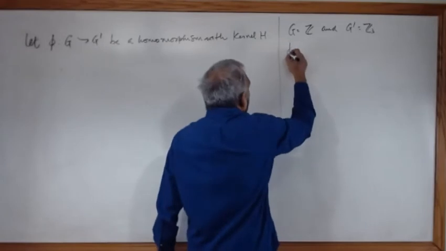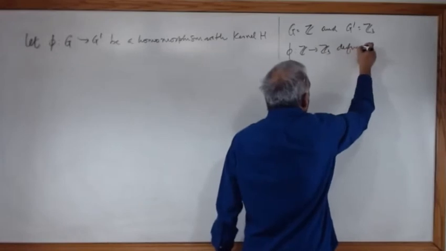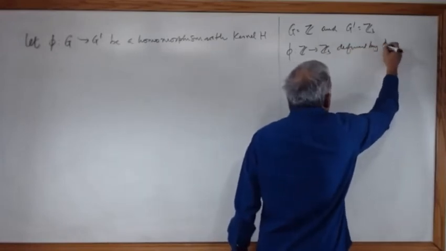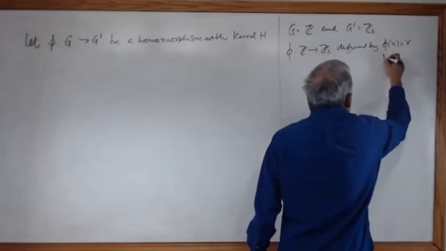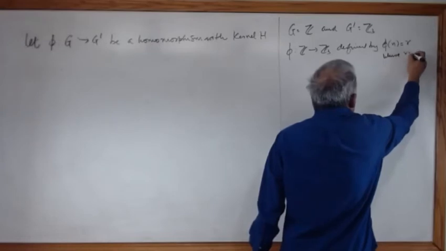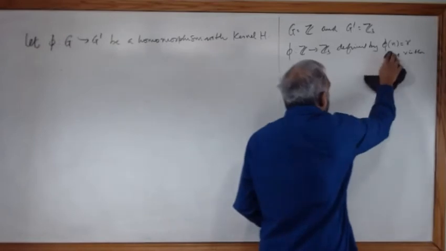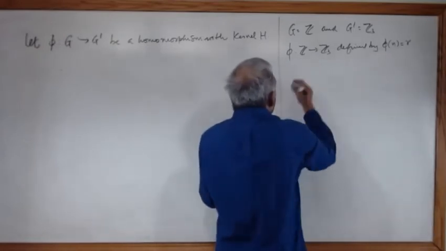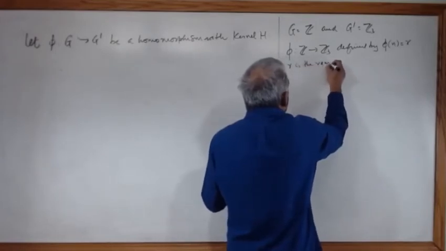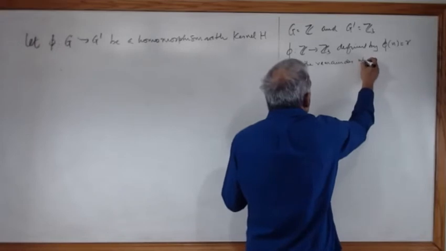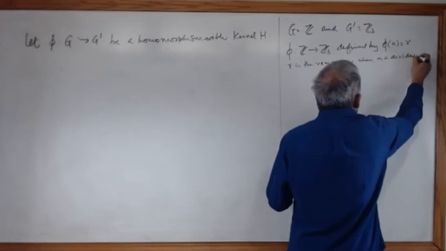So our phi is from Z to Z3 defined by phi of n equal to R, where R is the remainder when n is divided by 3.